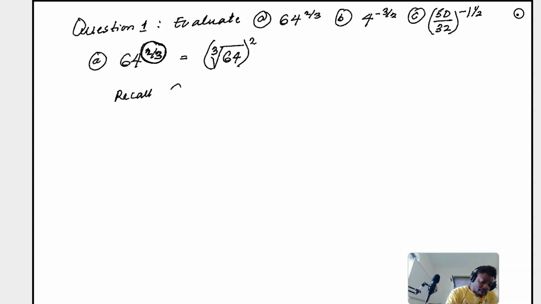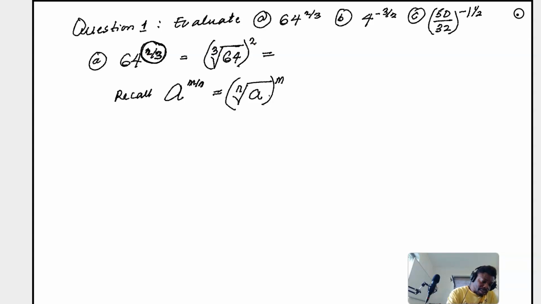Remember that we have a^(m/n), which we wrote as the nth root of a to the power m. Your a here is 64, your m here is 2, and your n here is 3. So the n becomes the root, so 3 becomes the root. The a goes inside the root, here 64 goes inside the root. Then our numerator becomes the power.